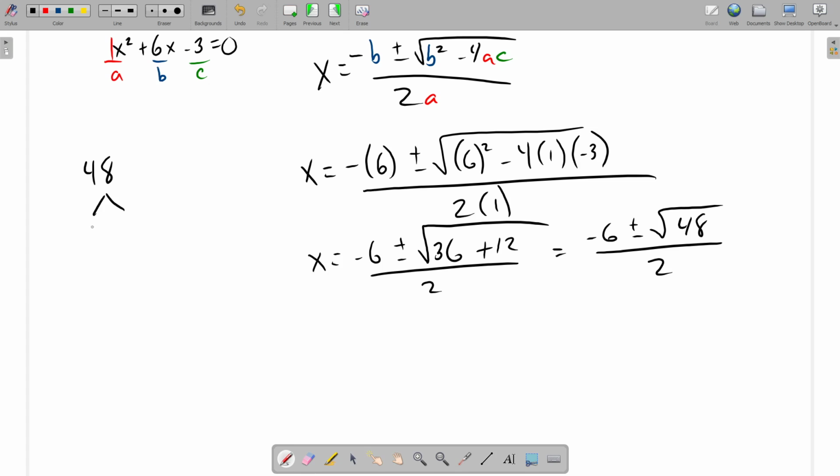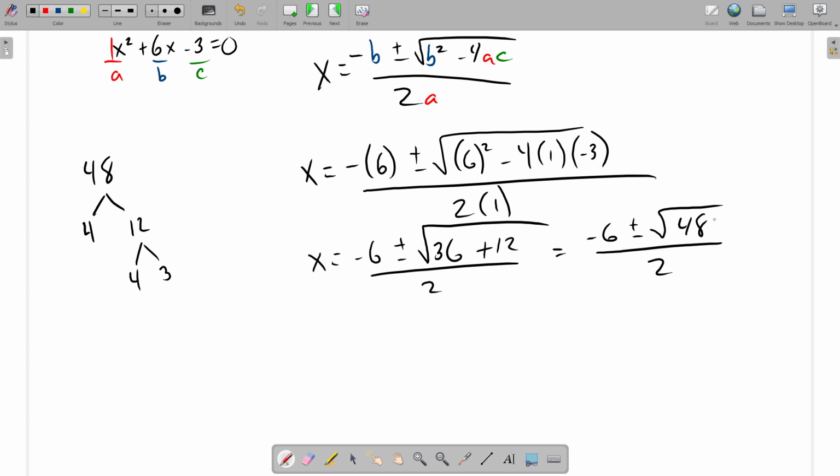The way that we can do this is looking at what perfect square factors 48 has. 48 has a perfect square factor of 4, because 4 times 12. And then 12 has a perfect square factor of 4, because 4 times 3.